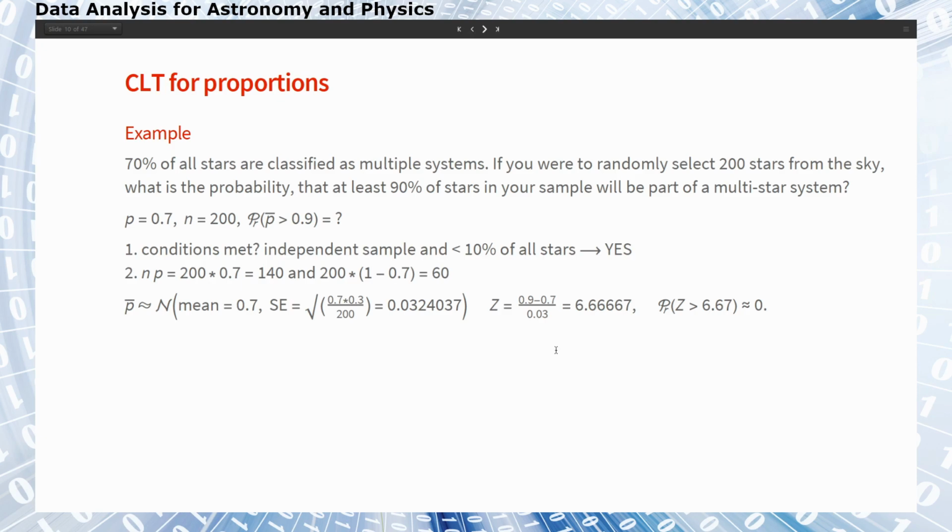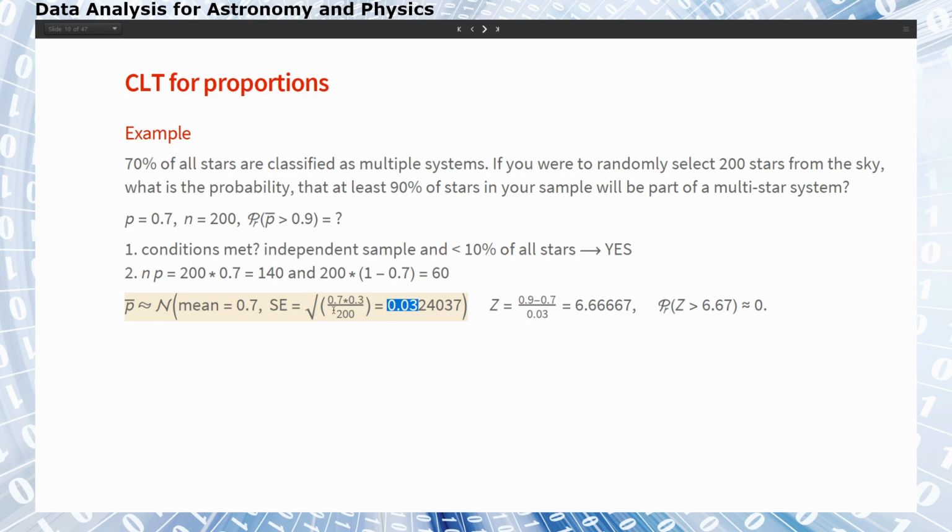Therefore, we can conclude that the sample proportion should be distributed according to a normal distribution with mean 0.7 and a standard deviation of 0.032.